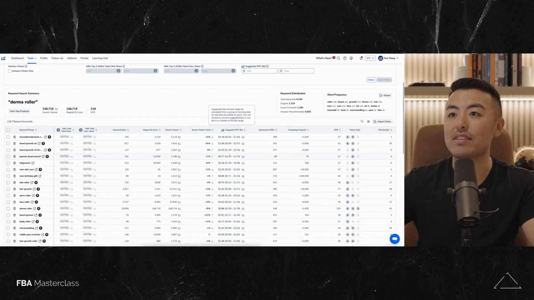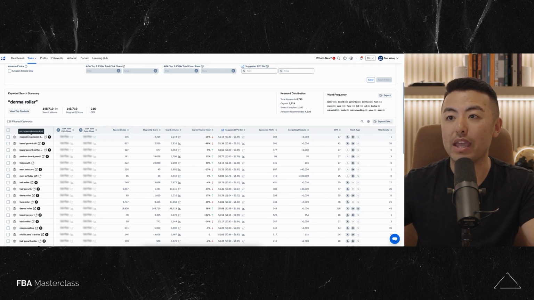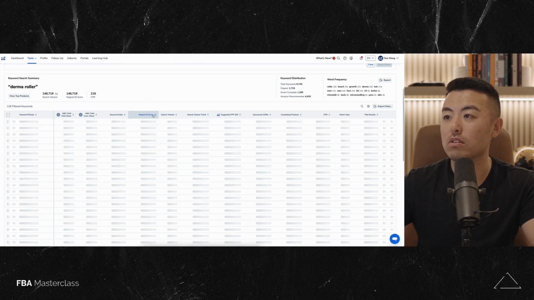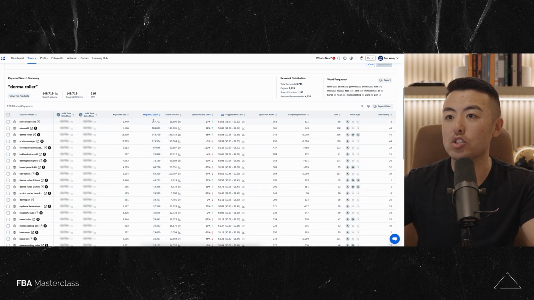And you can see that for the word derma roller, there are people typing in microdermabrasion tool, beard growth oil for men. These are not too applicable. But what I like to do over here is click on the Magnet IQ score. And then I like to go from top to bottom, right? So you can see here, Loom deodorant, not too applicable to us. I don't even know what this is, not too applicable to us.